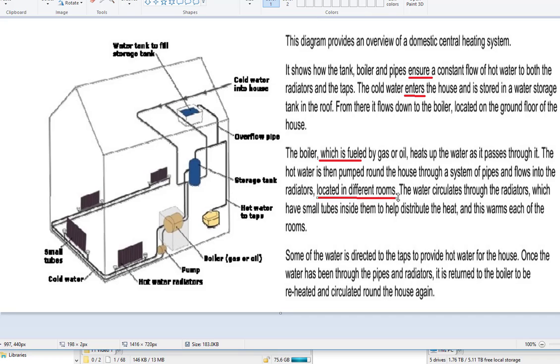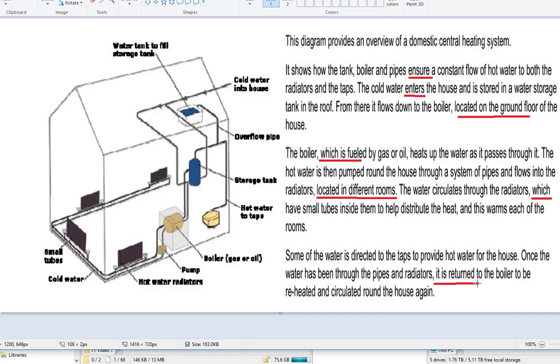Okay, so these phrases here, located on the ground floor, located in different rooms, these are good clauses to describe location. Here we have which again. Help them to distribute.